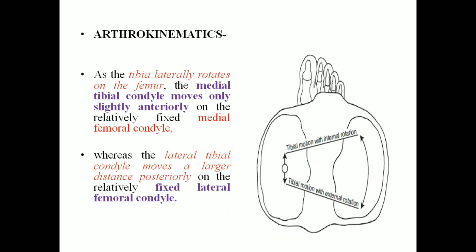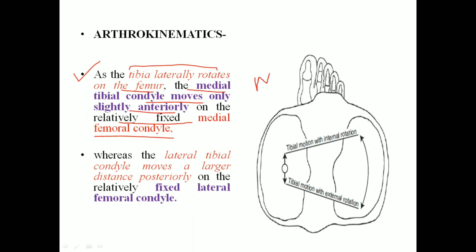Now how this movement is taking place, let us discuss one by one. As the tibia laterally rotates on the femur, the medial tibial condyle moves only slightly anterior on the relatively fixed medial femoral condyle. Now what does it say?